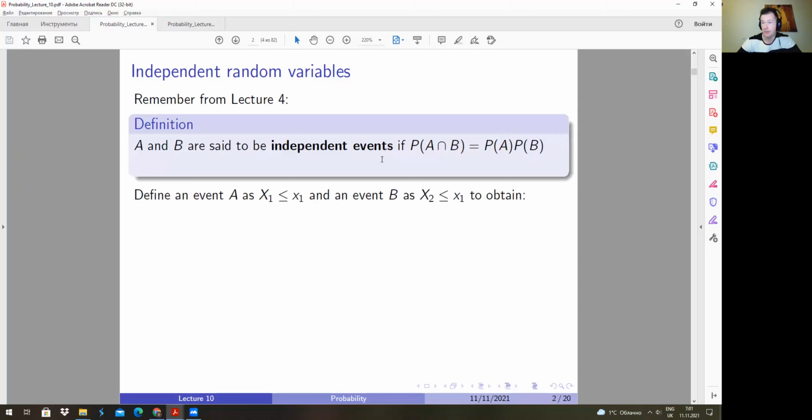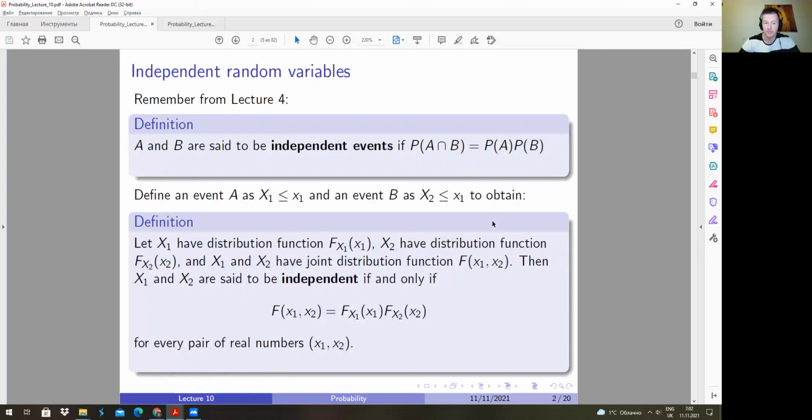So now, let's translate this to the language of random variables. If you define an event A as this, x1, one random variable, is less than or equal to small x1, and event B as this, sorry, it must be also x2, that's a typo. Yeah, so then we can obtain the following definition.